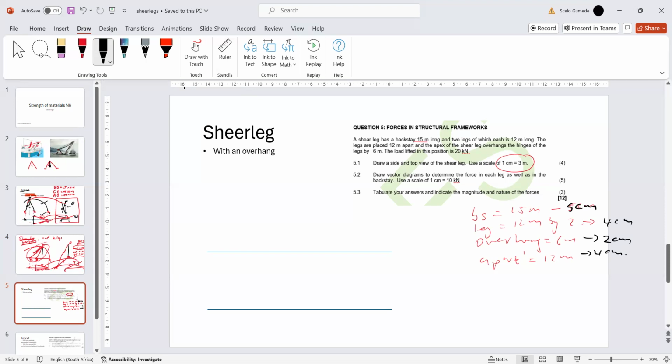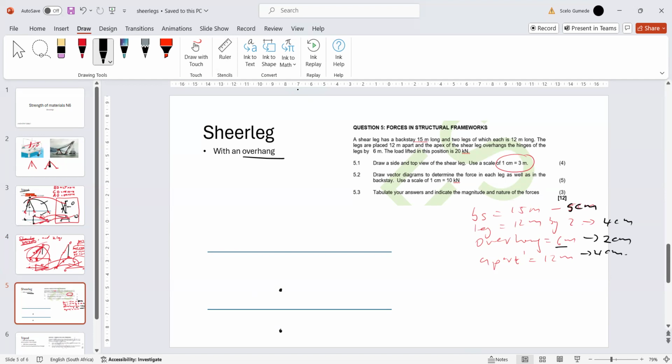All right. Now let's see how we draw this one if it has an overhang. So here the keyword is overhang. How are we going to do this one? The legs are how many meters apart? Let's start with that, because this is a good way of starting. The legs are 6 meters apart, or 2 centimeters apart. So when we draw the legs, we draw the leg here and the leg there.